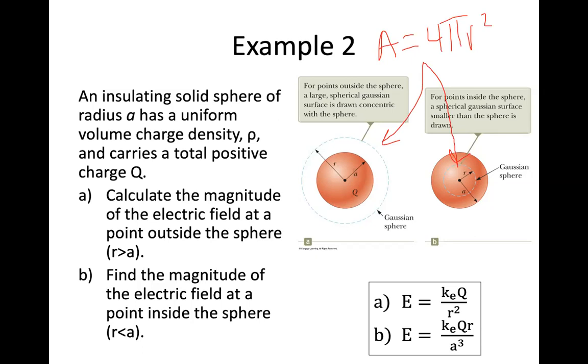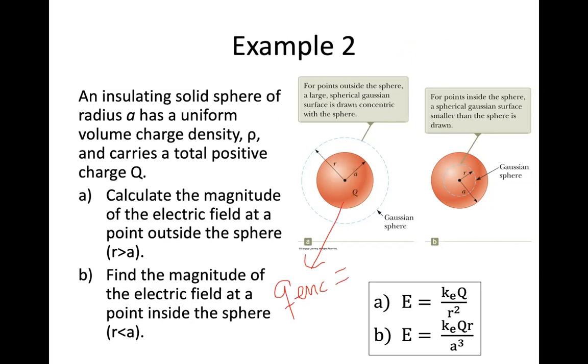My charge is still a sphere, so my Gaussian is still going to be a sphere, and a sphere is always going to have a surface area of 4 pi r squared. It just doesn't change. What does change now is this. Over here, Q enclosed, well, all of it was inside my Gaussian.